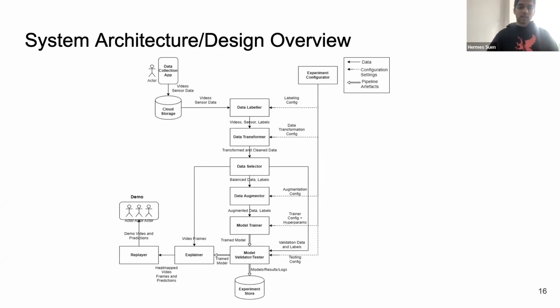Coming to the system architecture, this is how all the modules that Aditi talked about previously come together. The experiment configurator sets the configuration for the experiment, as the name says, and the raw data itself is stored in the cloud storage, and it's pulled by the data labeler and transformer, and it goes through this pipeline, and the outputs come to the replayer module.